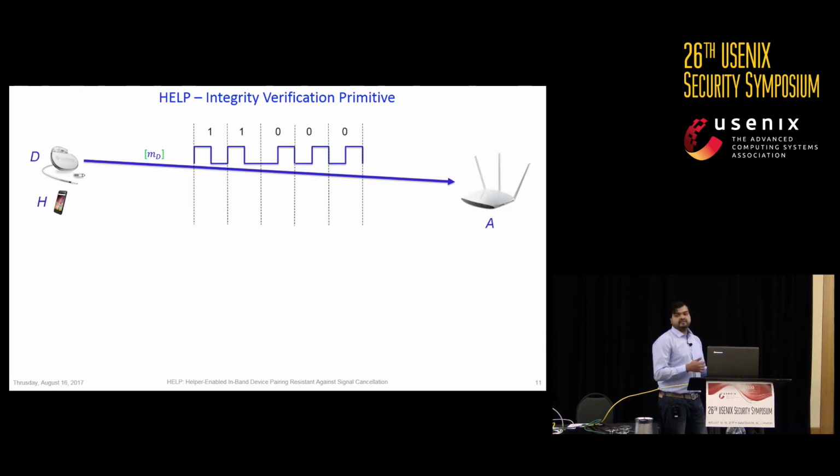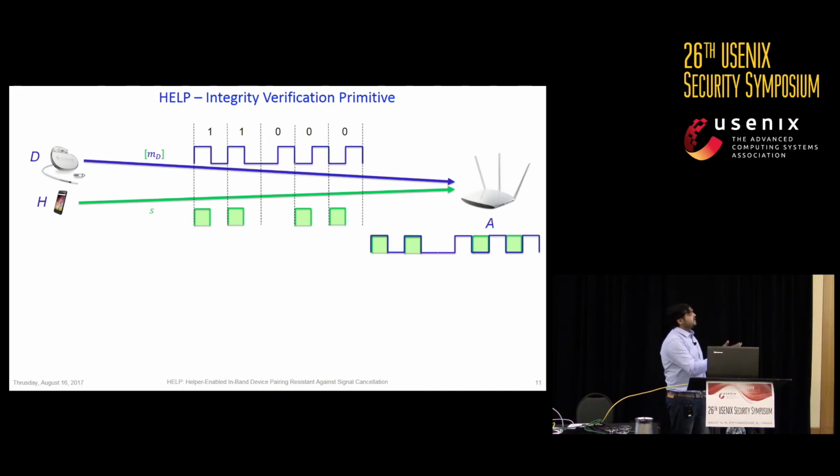This pairing is a one-time process, as the same helper can be used over and over to pair multiple devices. The helper will inject random slots on random locations, and the signal received at the hub is the superposition of these two signals.